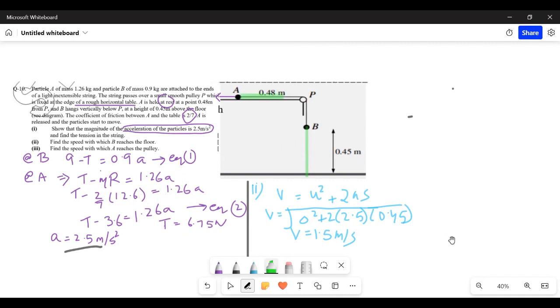It doesn't go all the way till the pulley. It reaches here. So this distance covered would be 0.45 and then 0.03 is still left. So there's a distance of 0.03 left to cover. So S is actually 0.03.